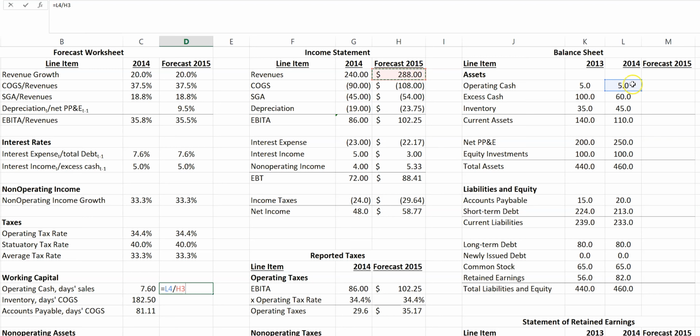What's interesting to me is how much operating cash do I need to have in terms of days. That tells us how many days worth of revenue I need to have on hand in order to continue operating the firm going forward. So the way I'll figure that out is I'll multiply by 365.